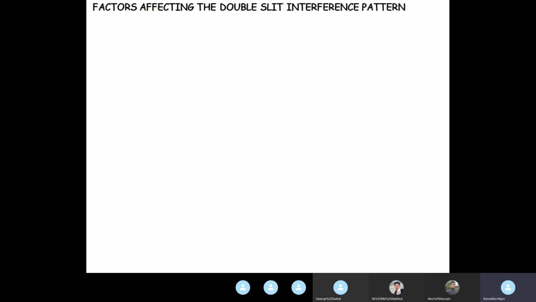So now let us quickly see what are the factors affecting the double slit interference pattern. Effect of increasing the slit width. What will happen if you increase the slit width? Sine theta, as we saw, if theta is very small, then sine theta is approximately equal to theta is equal to lambda by b. So the angular width is of the order of lambda by b.